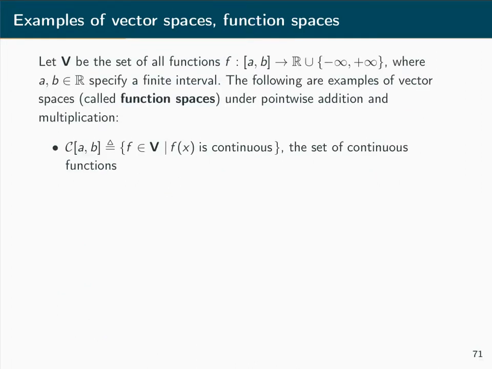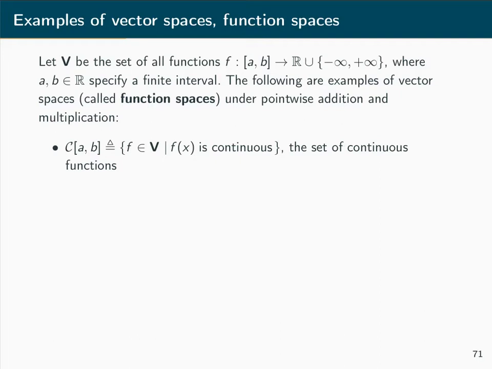Another important class of vector spaces, according to definition 4.2, is made up of so-called function spaces. For function spaces, the set of vectors V consists of functions. So for instance, functions that map from a finite interval, a b, into the real numbers combined with the possible values minus infinity and plus infinity.